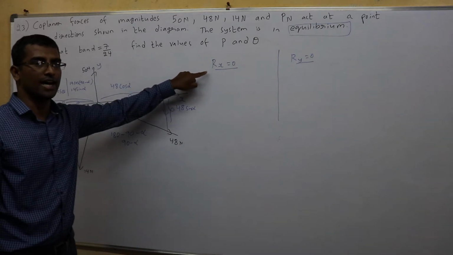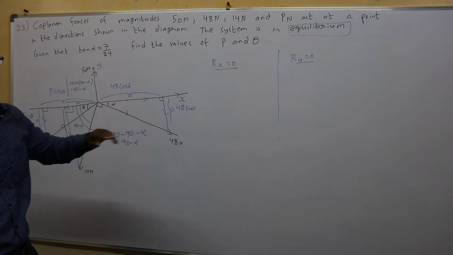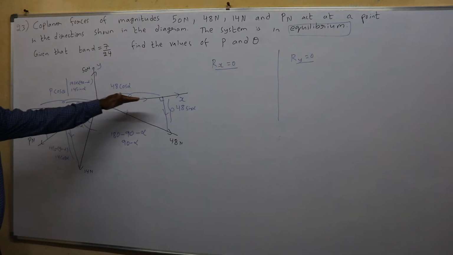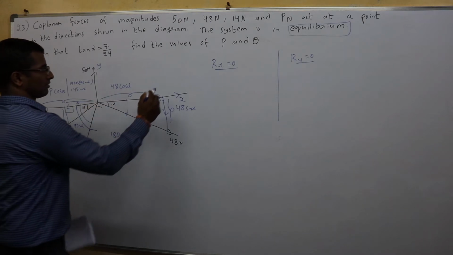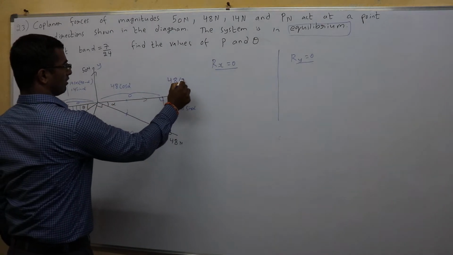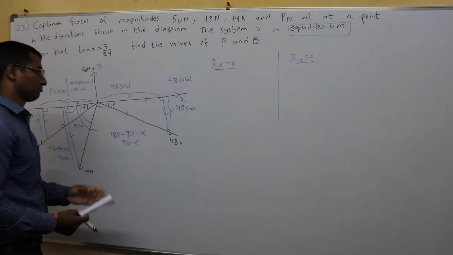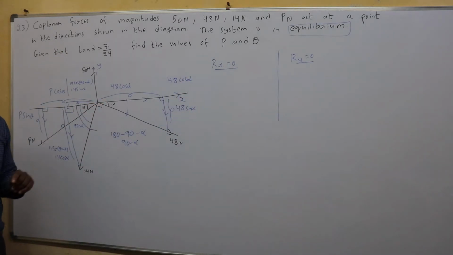Now let's write Rx. What all are acting in the positive x-axis? Over here, 48 cos alpha. Only 48 cos alpha is acting in positive. What is acting in the negative x-axis?